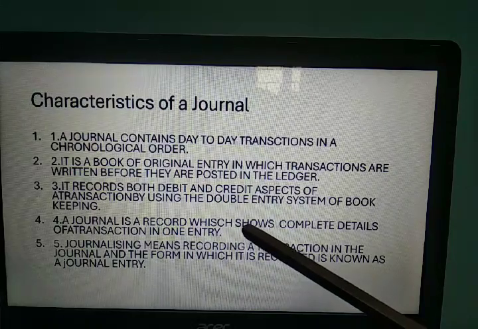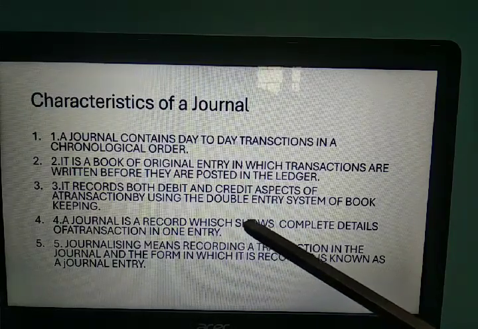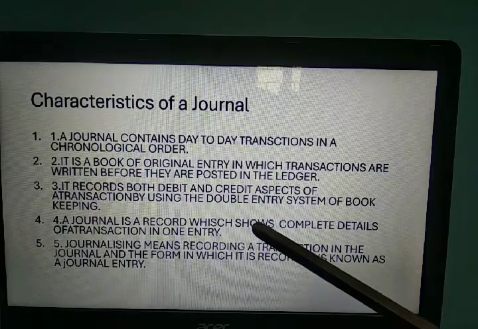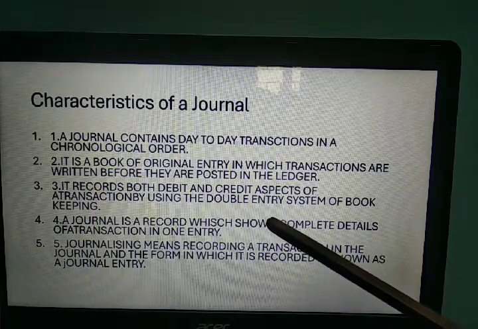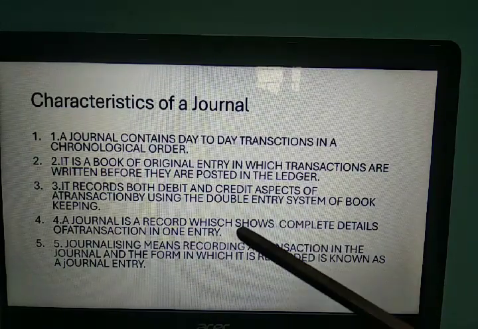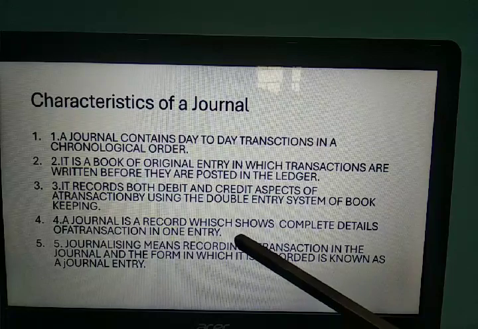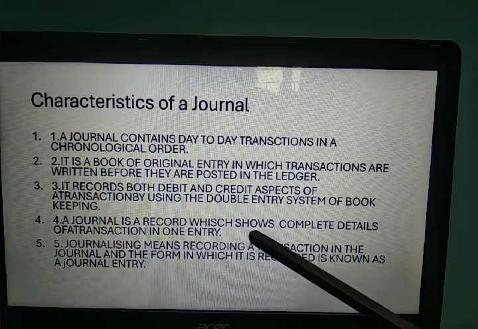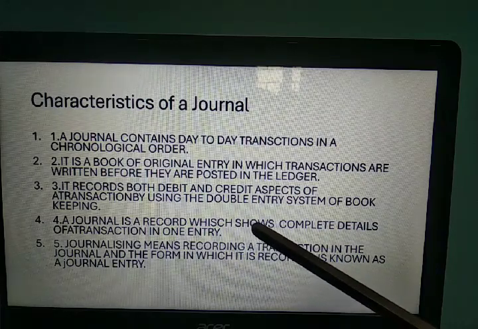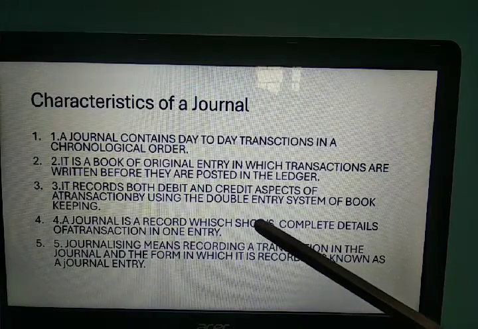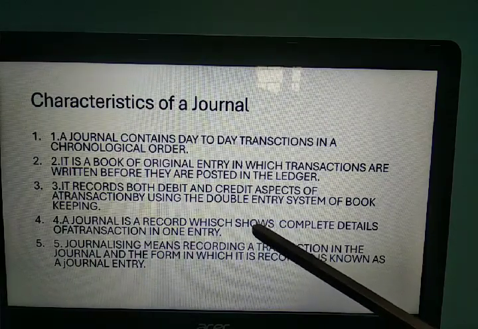What are the complete details? Date, then transaction details, particulars, and the ledger folio. Then the amount, both debit amount and credit amount. And next is narration. Narration is nothing but the details of the transaction, what this transaction has been recorded for; brief particulars we have to mention there.